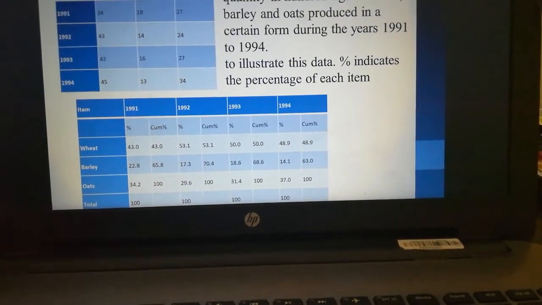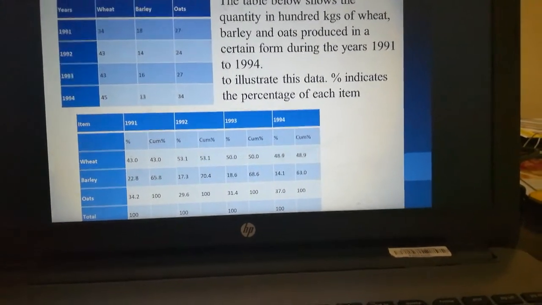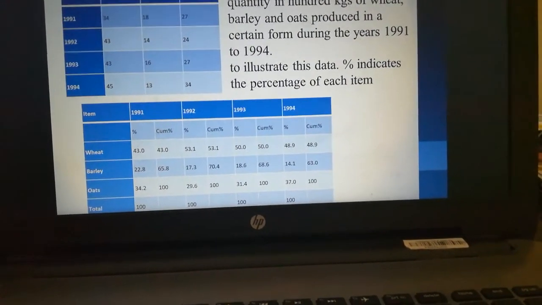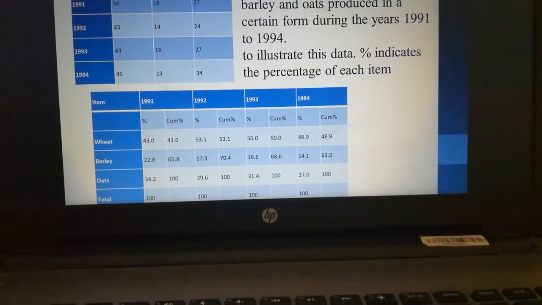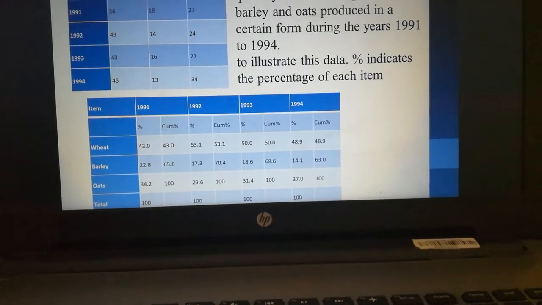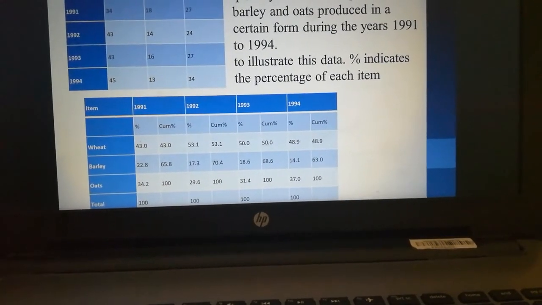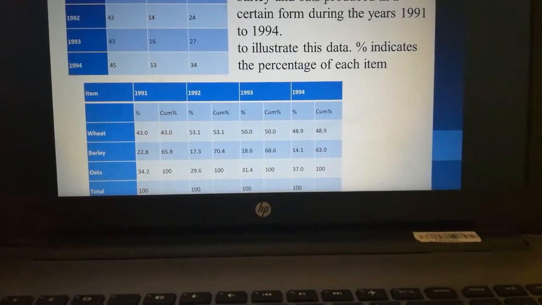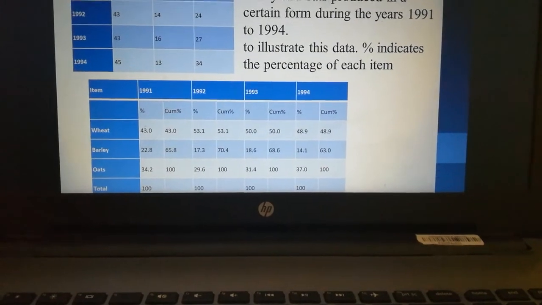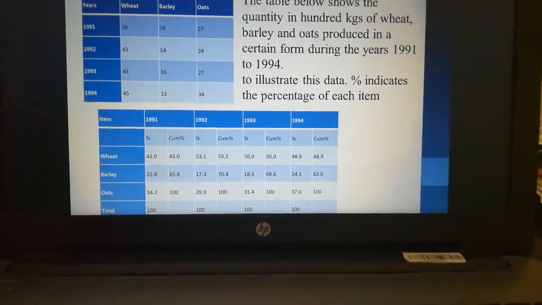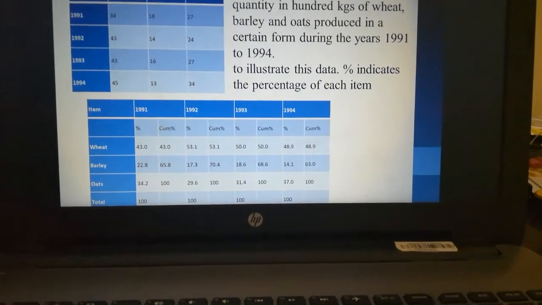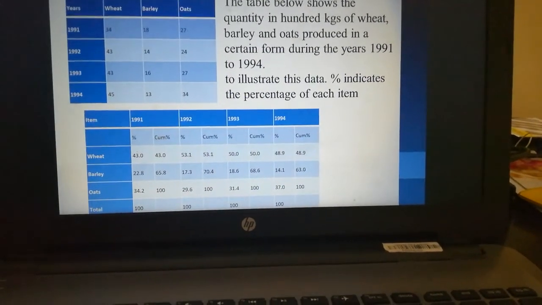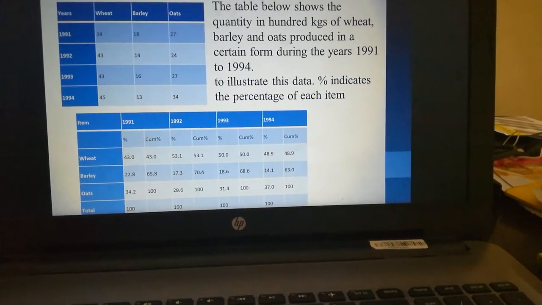Out of 100 we find the percentage of the total production for the year 91. Then we use the cumulative percentage. So naturally the wheat comes to 43. In addition, when it comes to barley, 43 plus 22.8 comes to 65.8. And when we add oats, it comes to 100. In the same way, we find the percentage of production in the year 92. In 92, wheat is 43, barley is 14 and oats is 24.